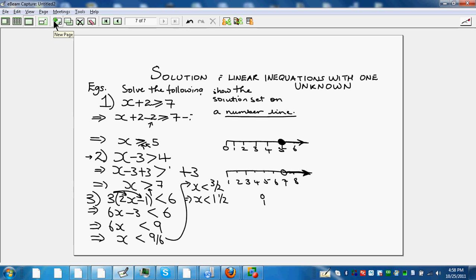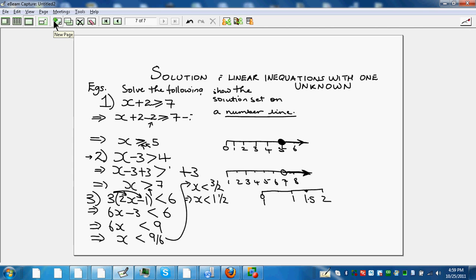0 position, our 1 position, our 2 position. And if we have to get 1.5, it'll be halfway between the two of them. So let's say 1.5 is about here. That's 1.5.